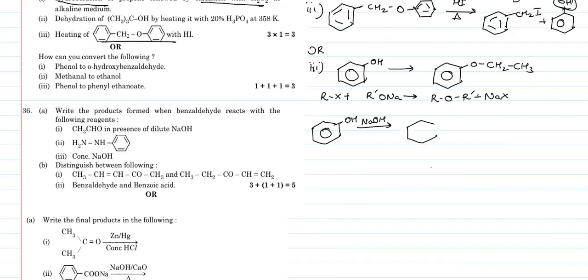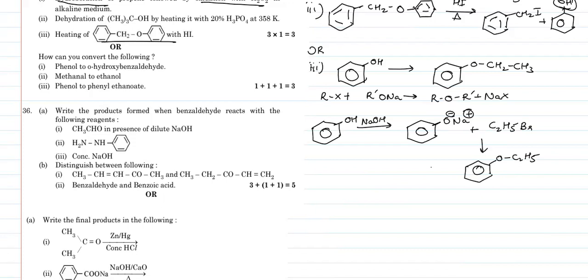And this gives us benzene with O minus Na plus. This reacts with RX, which is C2H5Br, to give us the phenyl ethyl ether. That's it. This is the Williamson synthesis.